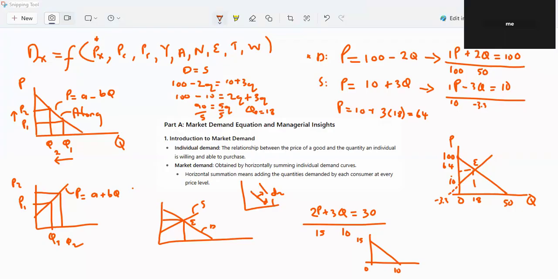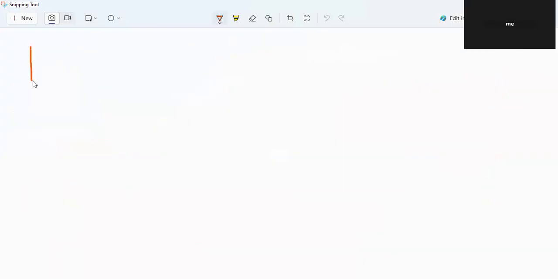All right, so let's go through another example before I proceed on the individual demand and the other key issues. The way we make market demand is as follows. You can have firm 1 and firm 2.